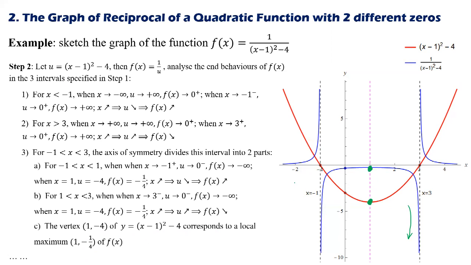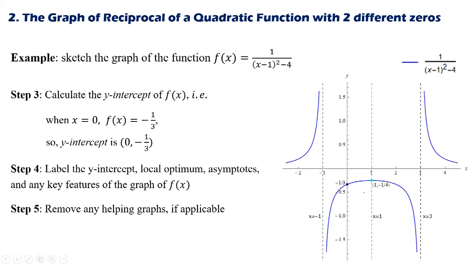Understand? Okay, so basically the reciprocal of the quadratic function will have a pattern like this. It has 3 branches. One is here, one is here, and one is here, right? For a quadratic function with 2 zeros, its reciprocal has a pattern like this.